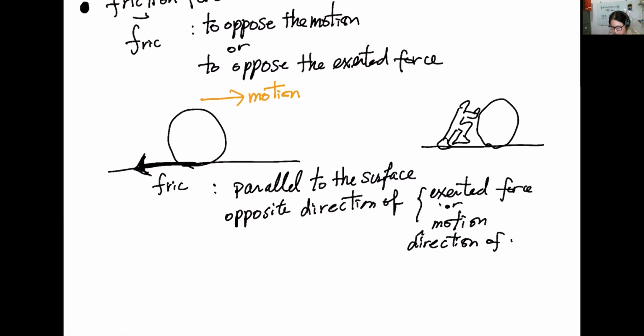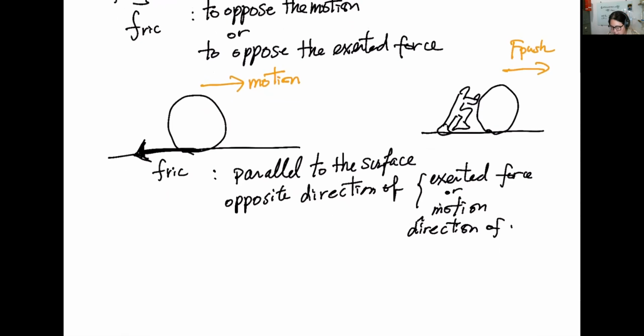So you have a push force. This can be considered a normal force, by the way. The push force is pushing it to the right, but even if the object is not in motion, it's because there's a friction force applied opposite to the push force. That's why it's not moving.